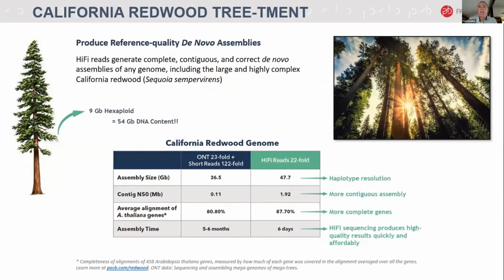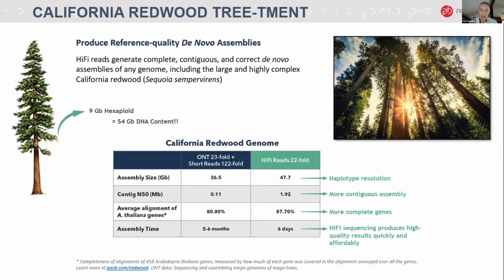So just as an example, how far can you push the technology? Plant genomes, as some of you might know, can be very large and very complex, rice being a bit of an exception to that. PacBio decided that they really wanted to push the boundaries of their HiFi sequencing and see what they could really do. They're based in California, so they chose the California redwood, the sequoia tree.